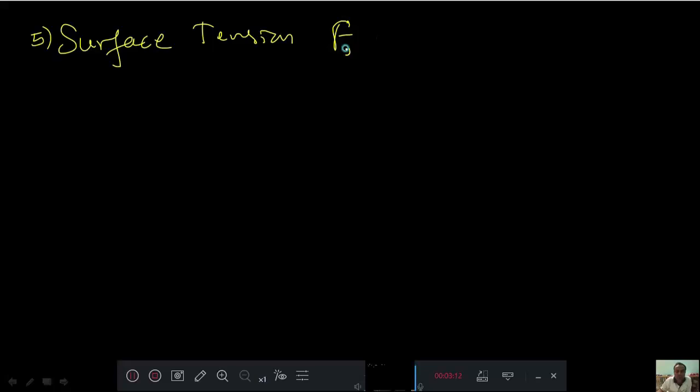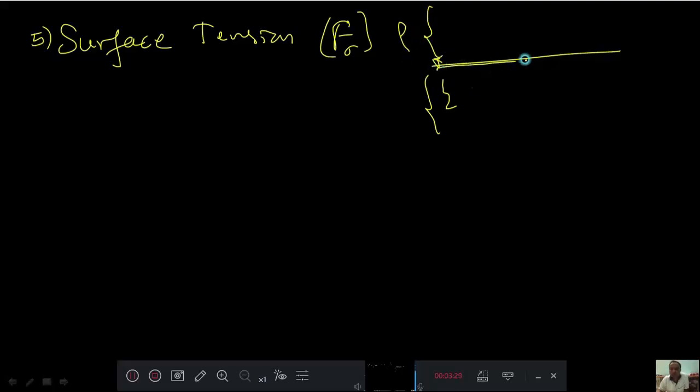Like that we have a fifth one, the surface tension force. Surface tension force we will call F sigma. You will get this F sigma on the surfaces. If this is a liquid of one density, and air is also a fluid with another density, there will be one layer where these two meet.